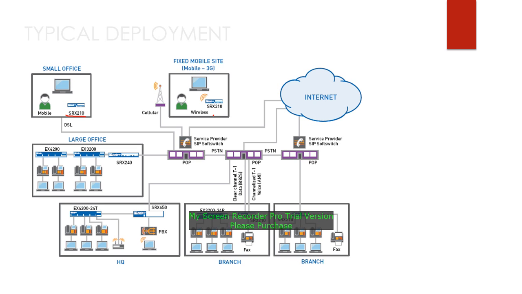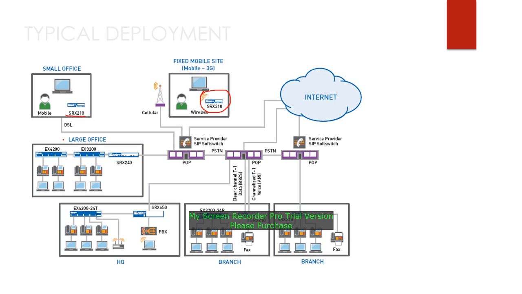So for that you do not need to purchase any controller to manage the wireless access point. That is inbuilt in the SRX firewall capability, so you can configure it as a wireless controller. You can create multiple SSIDs and multiple user firewall authentication rules, and wireless users can be authenticated through the firewall and traffic can be passed.